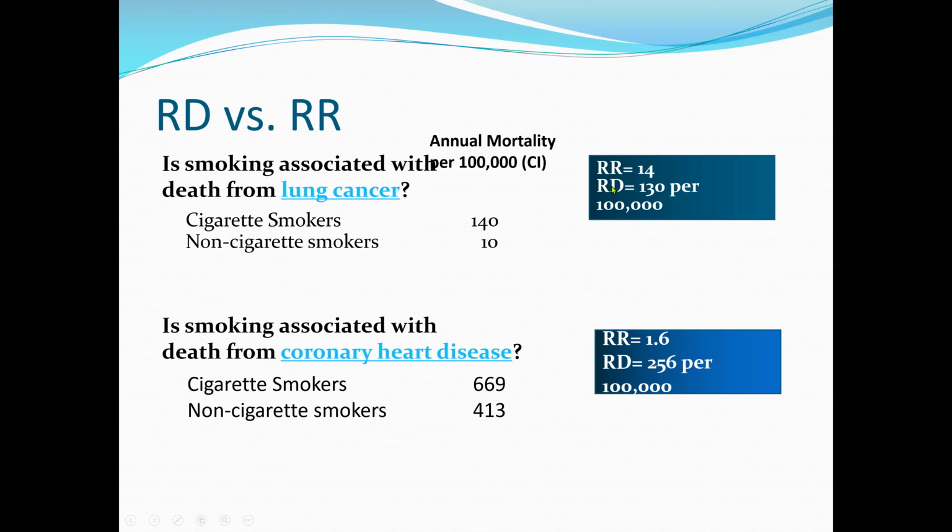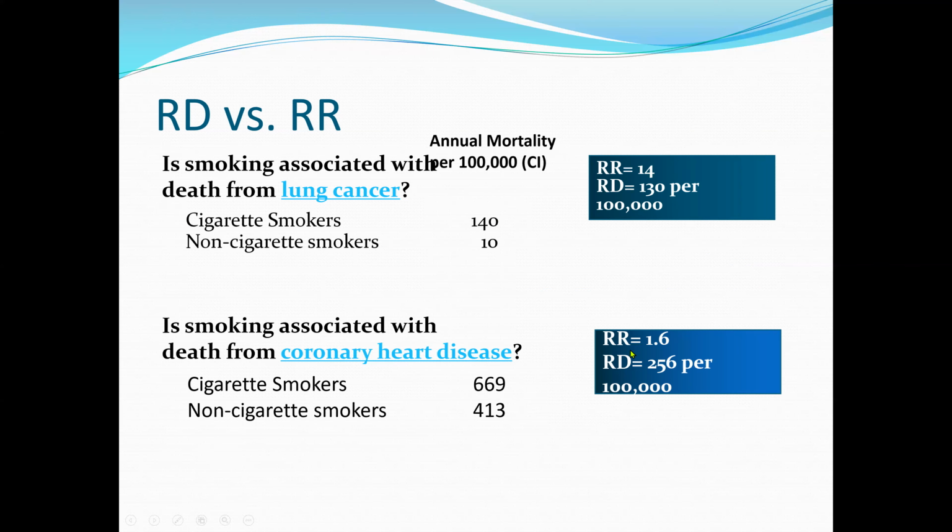the RD, or the absolute measure, will tell us the specific number of people that may have the problem, the number of people that's more or less comparing exposure and no exposure. But with the relative measures, it will give us some percentage or times.